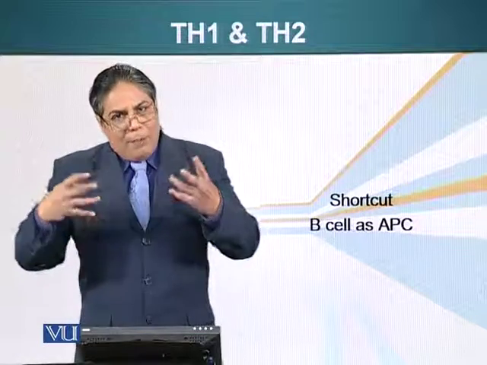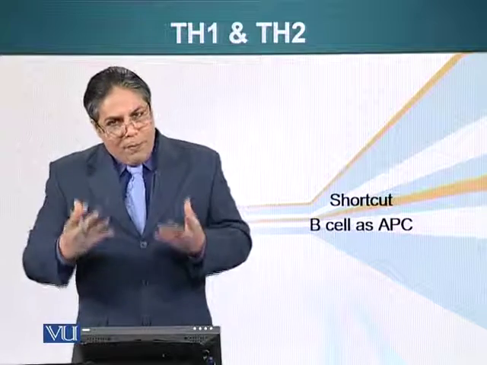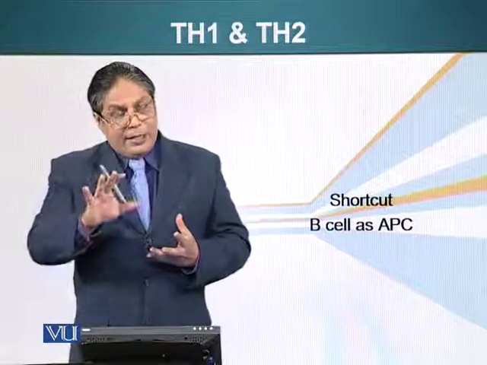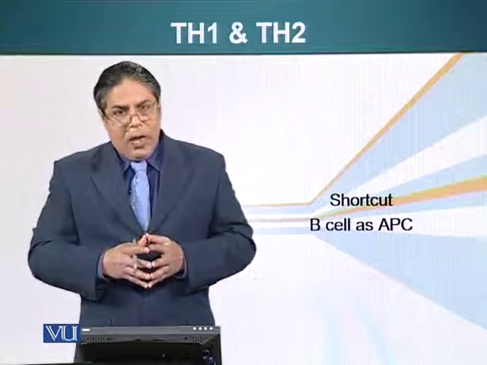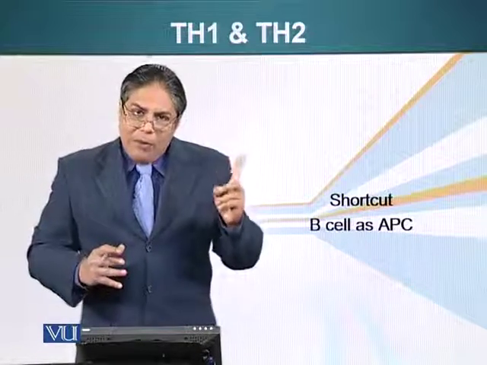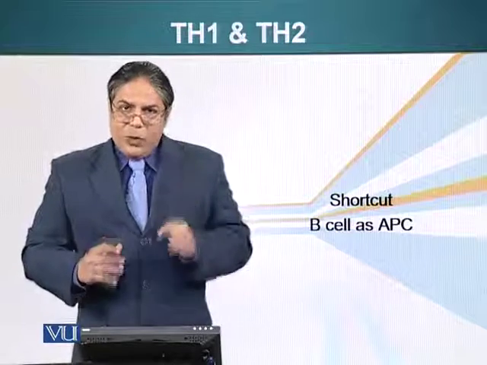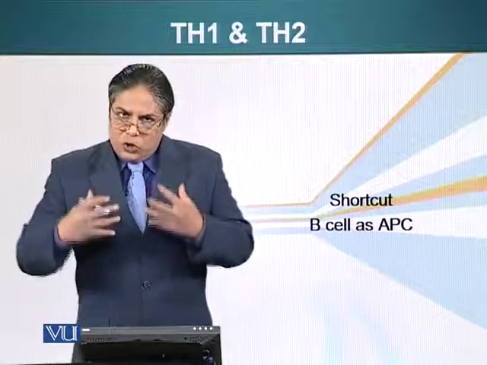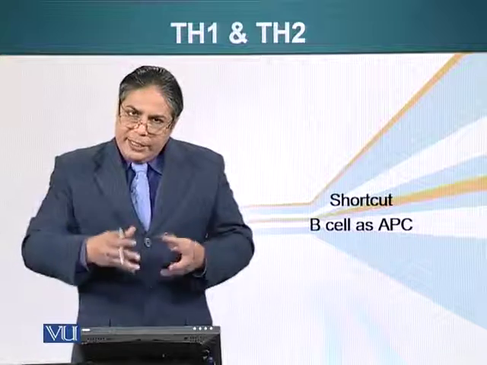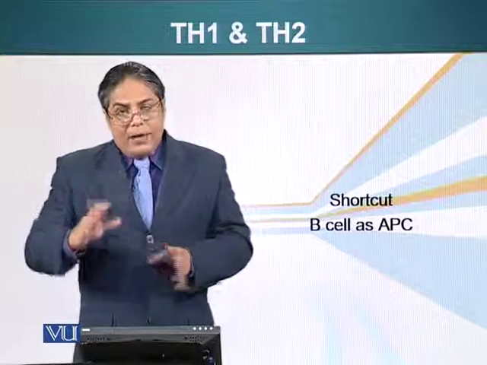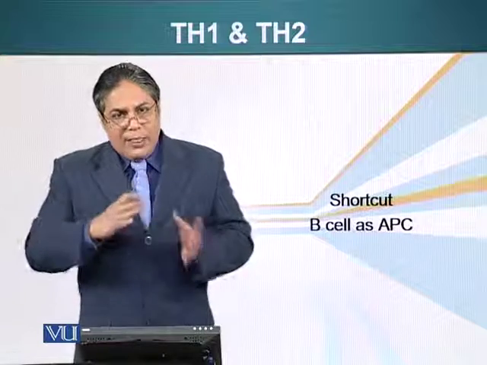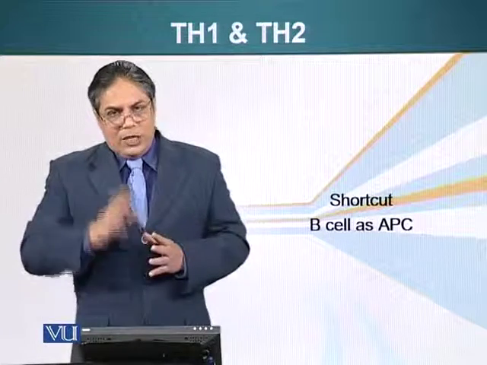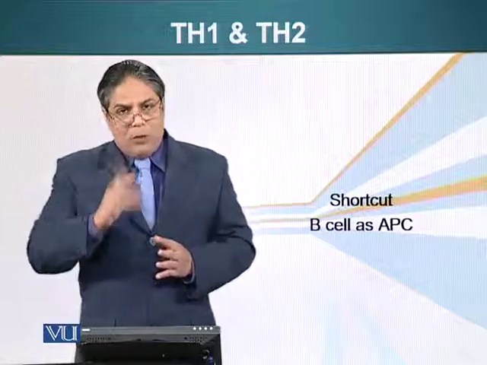Now, if we have an abundance of these memory B cells that can recognize Salmonella, the pathogen in this example, we have, number one, a higher number of B cells. Number two, these B cells will use a shortcut. They will bind the Salmonella pathogen and act as antigen presenting cells. So it is a shortcut, and that is why the secondary immune response is much more rapid and much more robust.